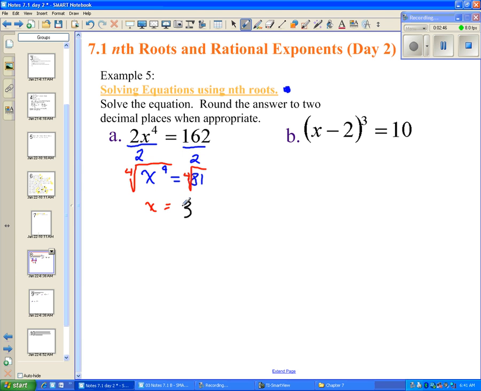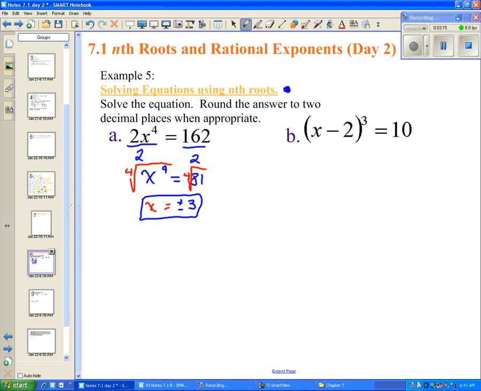And not only does 3 times 3 times 3 times 3 equal 81, positive 3, but negative 3 times negative 3 times negative 3 times negative 3 is 81. So I can have positive or negative 3 as my answer. Both of these will work in my original equation to give me 162. So my final answer is x equals positive or negative 3.